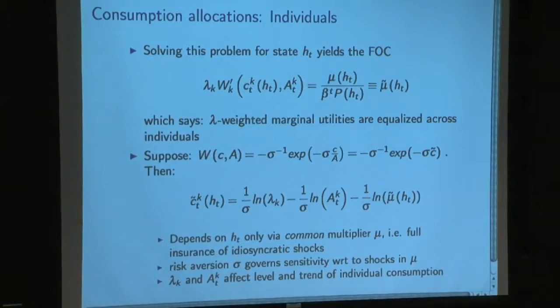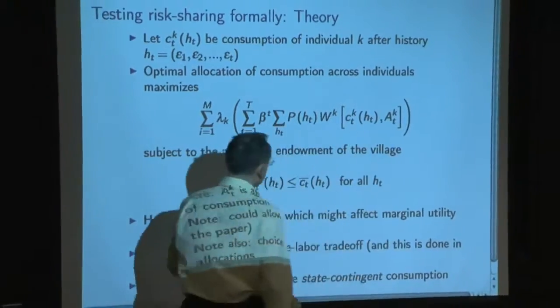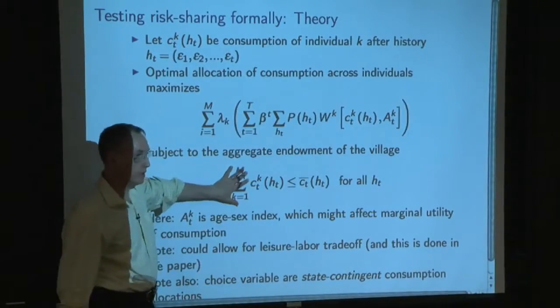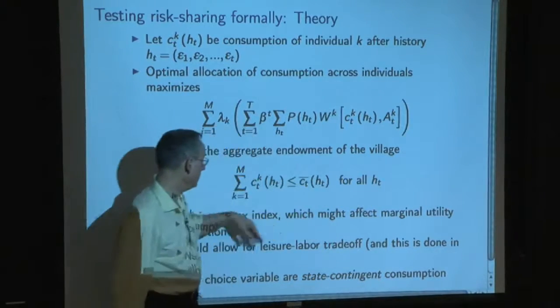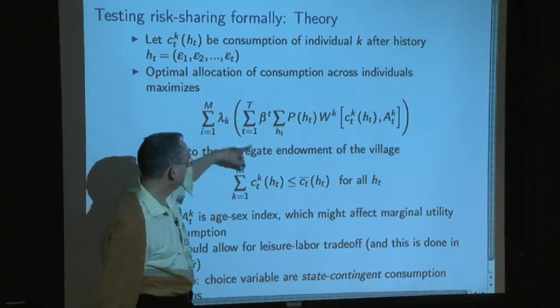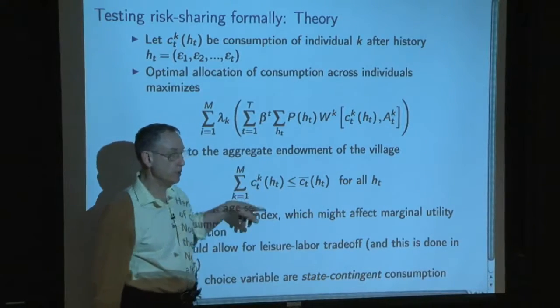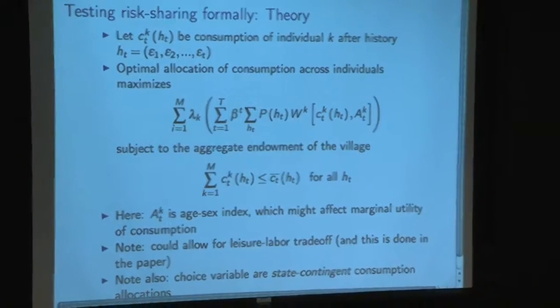So what is the solution? Let's pick consumption of household K at day T. It enters in here, and it enters in this resource constraint. This applies for the whole history of states up to day T, for every day T. So we're going to get a derivative here and a Lagrange multiplier here. This is a common resource constraint, so you pick up a common Lagrange multiplier. Yes? That's history h^t, right? Yes.